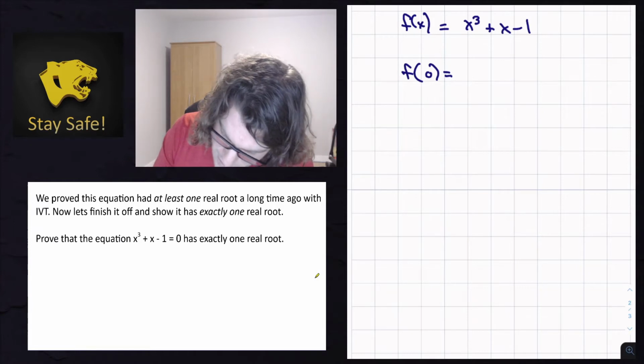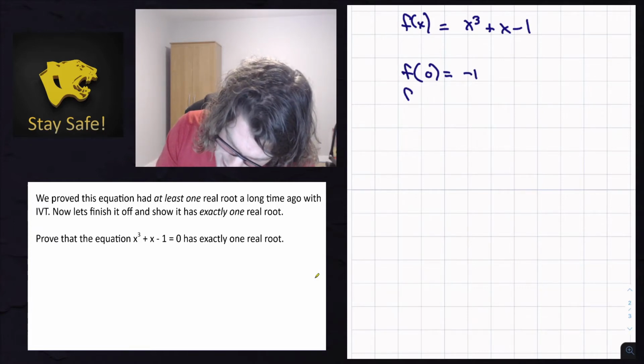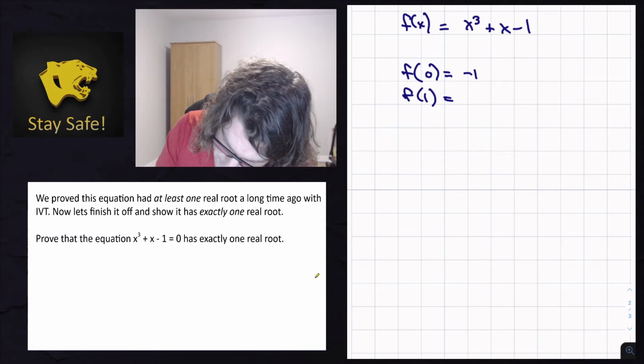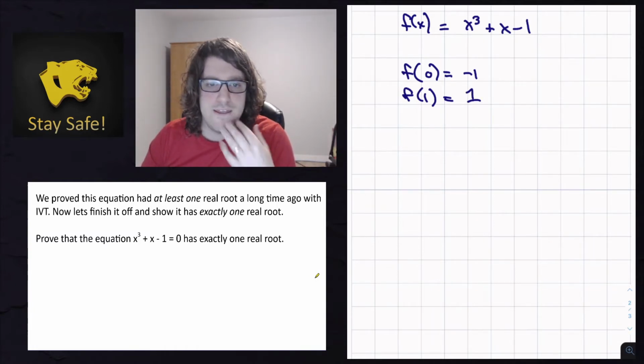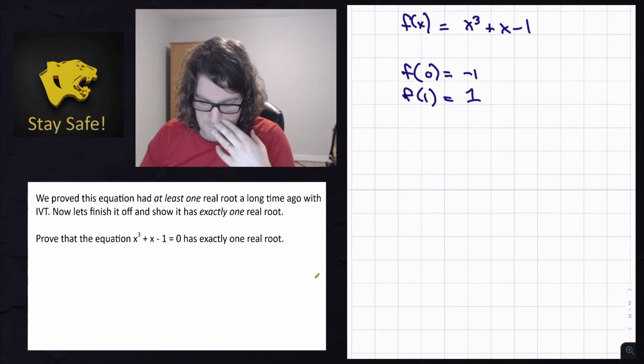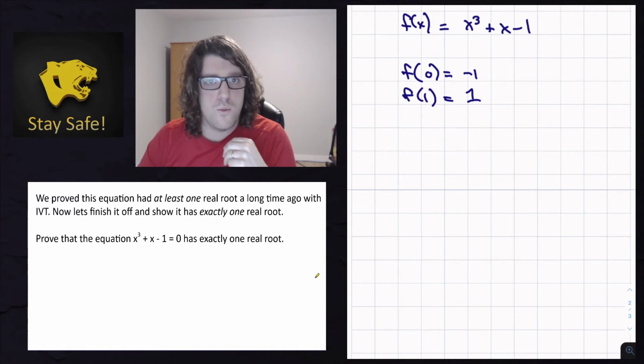So 0 would give you -1, and 1 would give you +1. So because of that, we can guarantee that there is at least one spot between 0 and 1 where you have a root.